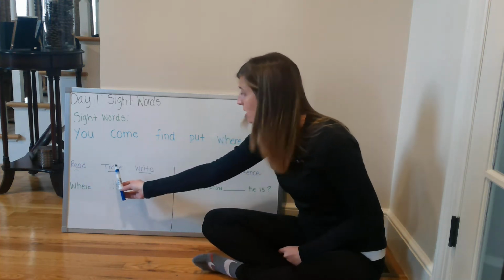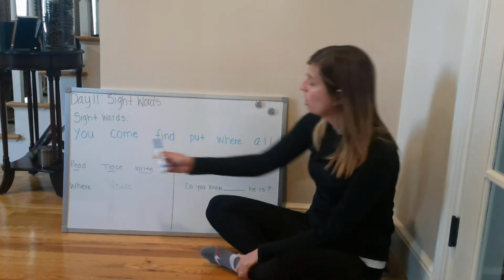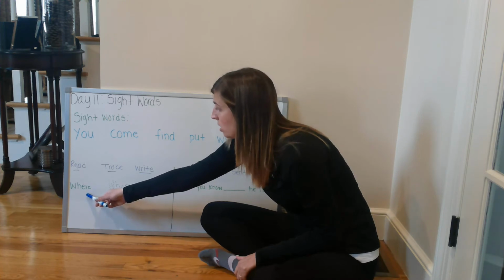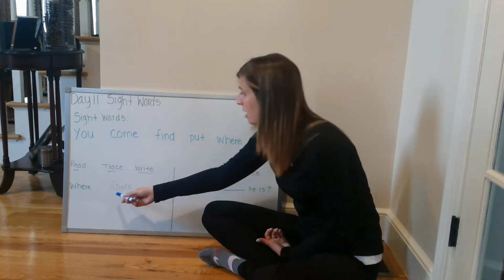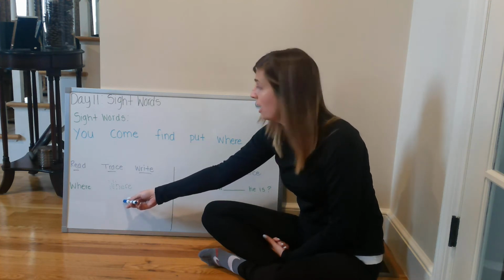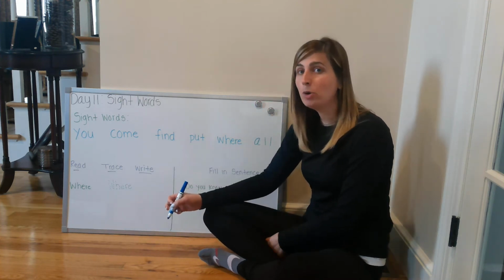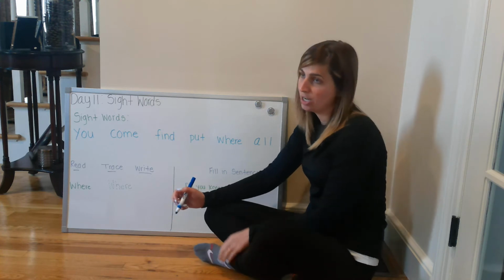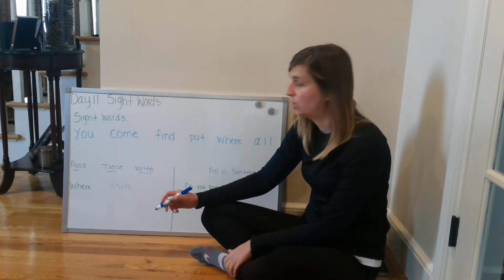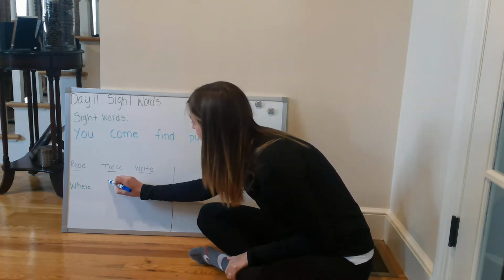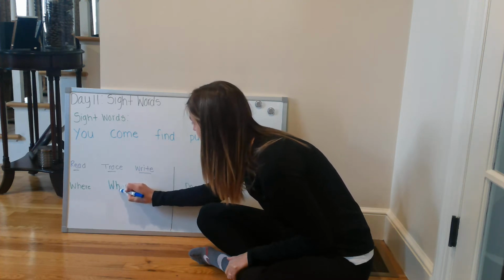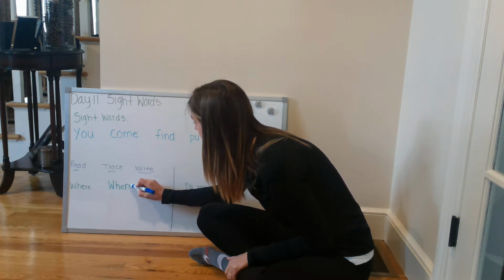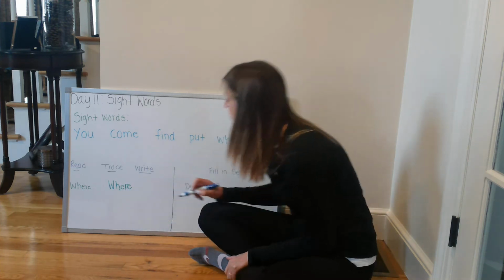Read, trace, write. First, I'm going to read my sight word. The sight word is where. I would say where out loud. Then I would trace the sight word, saying each letter as I trace it to help me spell it out. Where. W, H, E, R, E. Where.